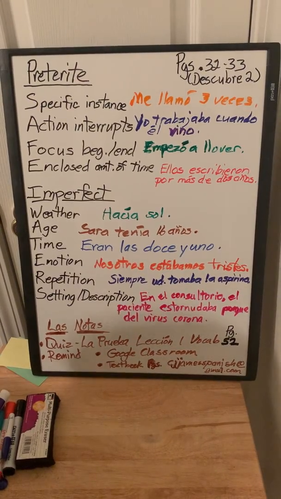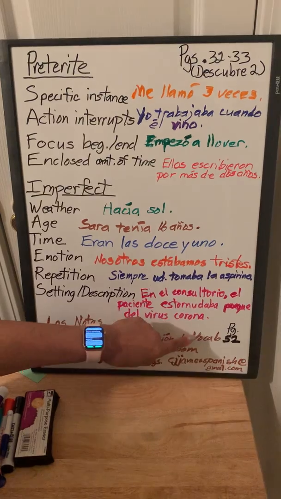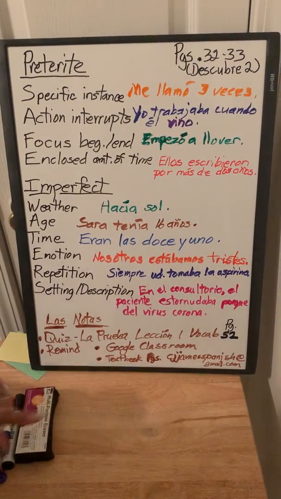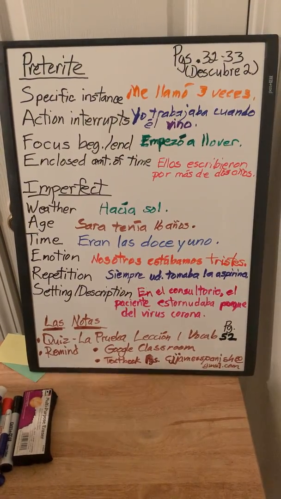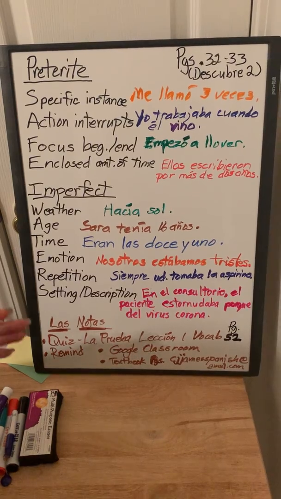A few notes I want to mention: there is a quiz tomorrow on the vocabulario. El vocabulario está en la página 52, page 52. It's a good time to know the vocab for being at the doctor's office.